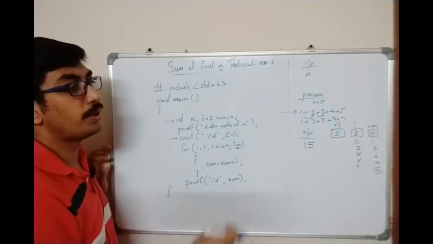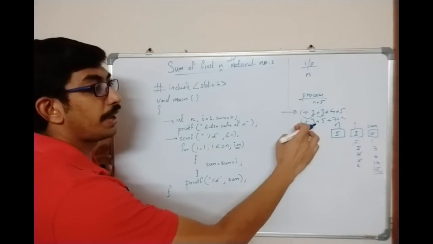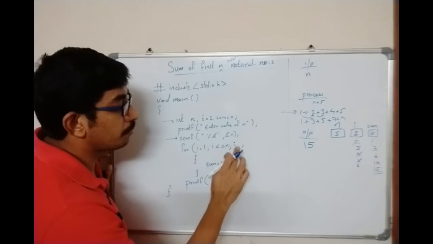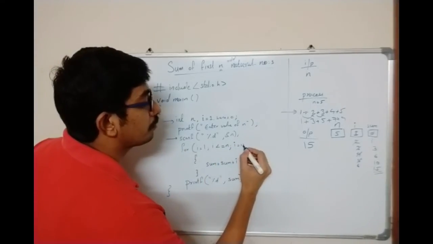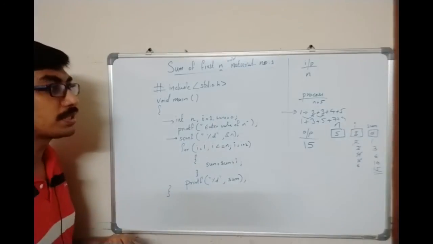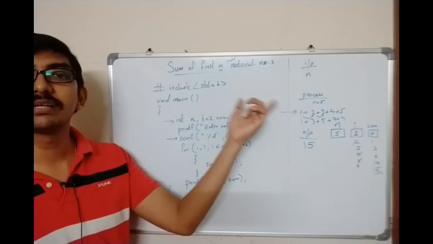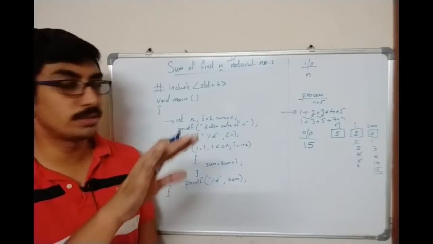In the case of odd numbers, how are the values modifying? Every time it is getting incremented by 2, which means if I say i is equal to i plus 2, with this one change the code will become sum for finding first n odd numbers. I think the logic is clear for you.